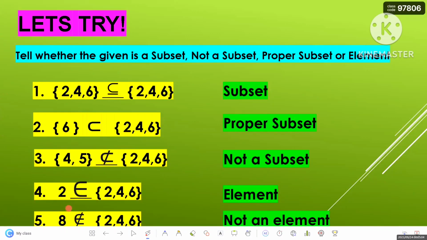Kasi, tingnan mo yung number 4. Kaya siya tinawag na elements because itong 2 na 'to ay may kapareho sa kabila. This one, itong 8 naman ay walang kapareho sa kabila. Since pareho silang walang curly bracket dito at the other one wala ding curly bracket, kaya sila tinawag na elements. But this time, in number 5, kaya siya tinawag na not element because wala silang common.